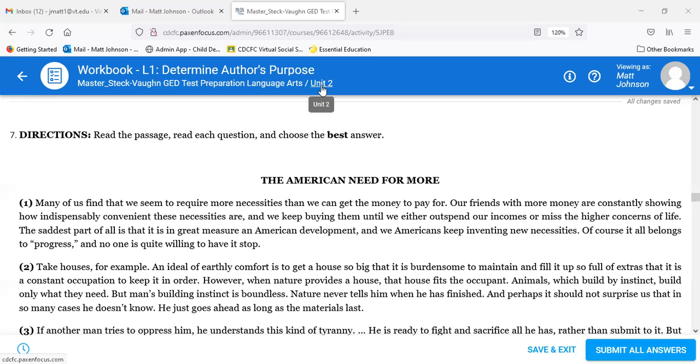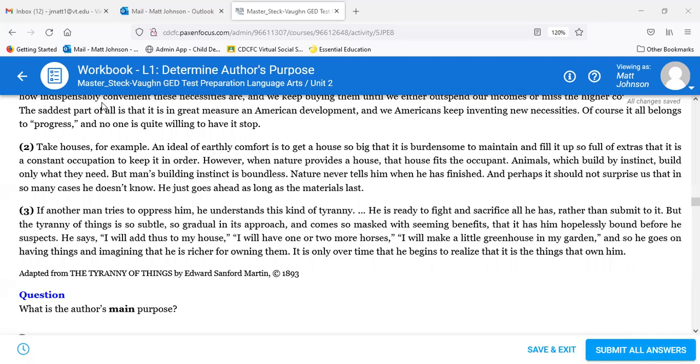The saddest part of all is that it is in great measure an American development, and we Americans keep inventing new necessities. Of course, it all belongs to progress, and no one is quite willing to have it stop. Take houses, for example. An ideal of earthly comfort is to get a house so big that it is burdensome to maintain, and fill it up so full of extras that it is a constant occupation to keep it in order.